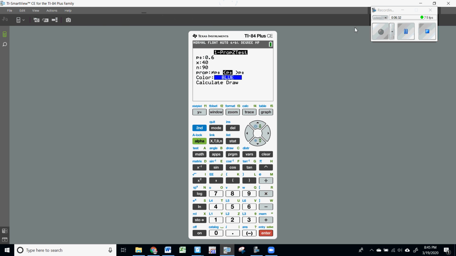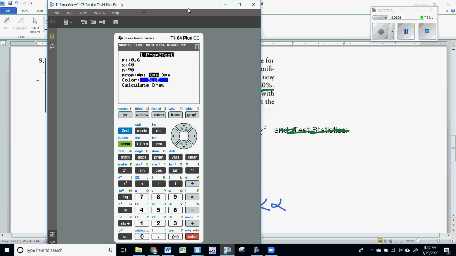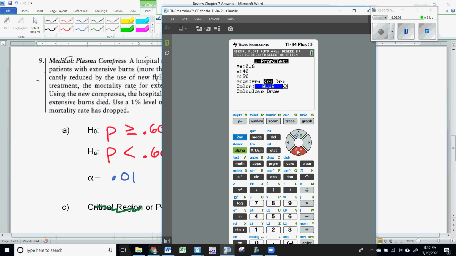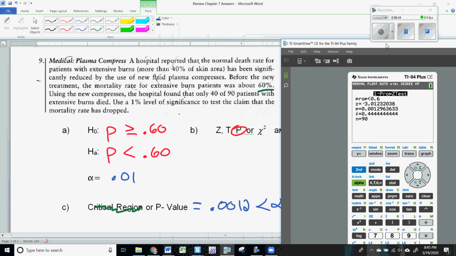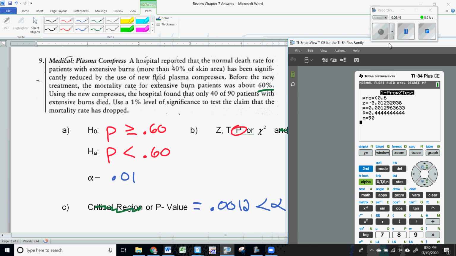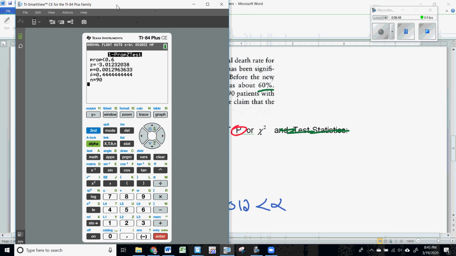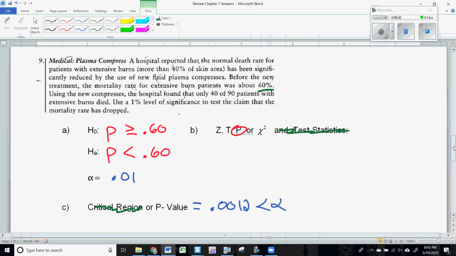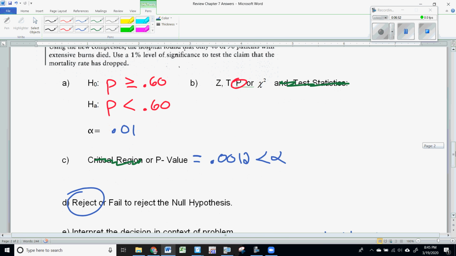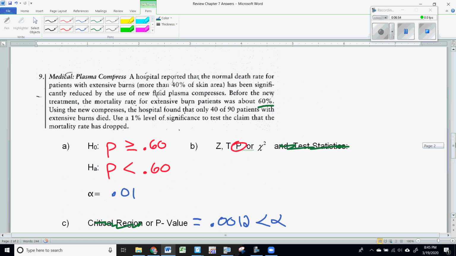It is a left-tailed test. We calculate our p-value, and our p-hat is 0.44, and our p-value is 0.0012. So that is less than alpha, so that means we reject our null hypothesis.